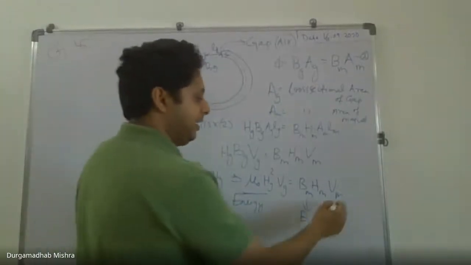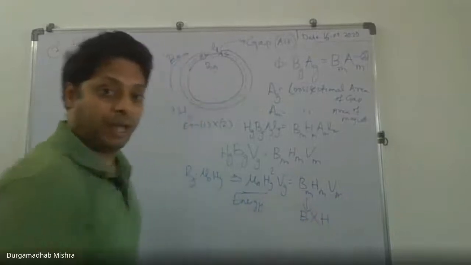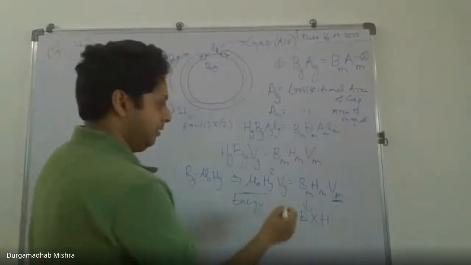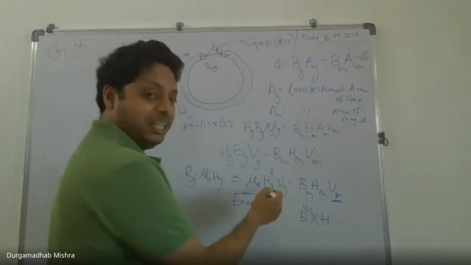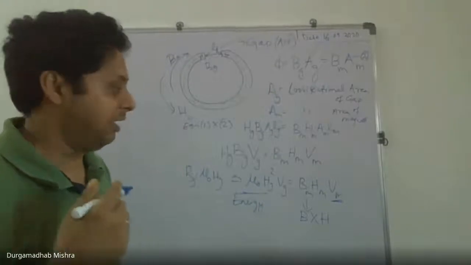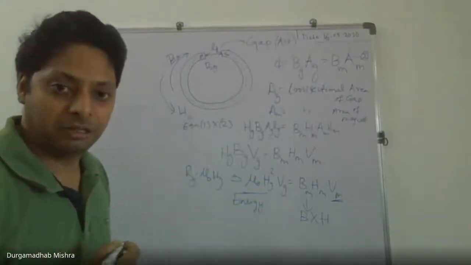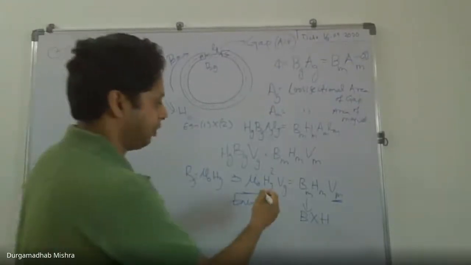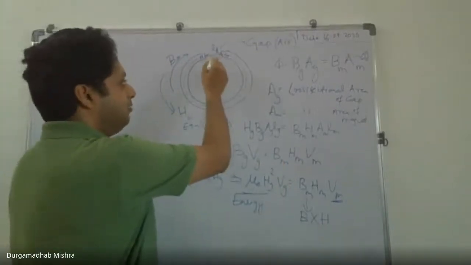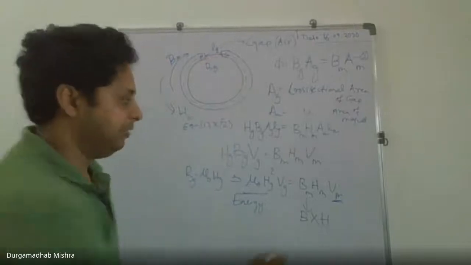Now for a given volume Vm, I want to get the maximum field Hg as possible.